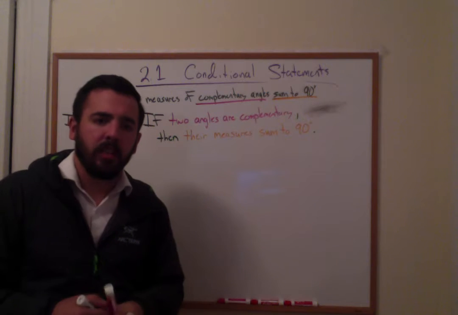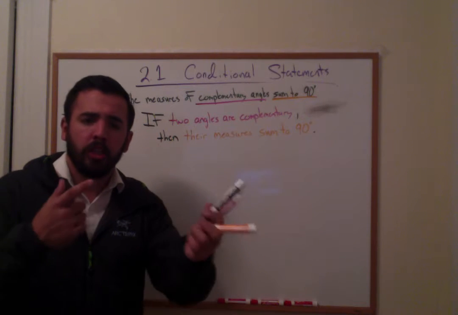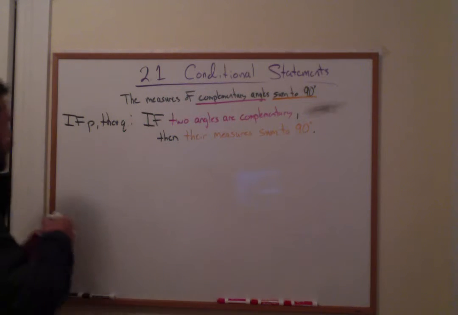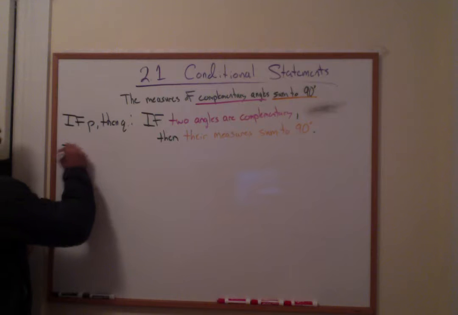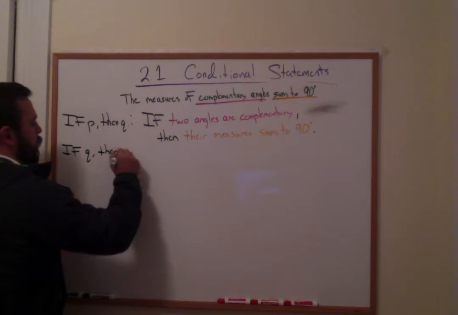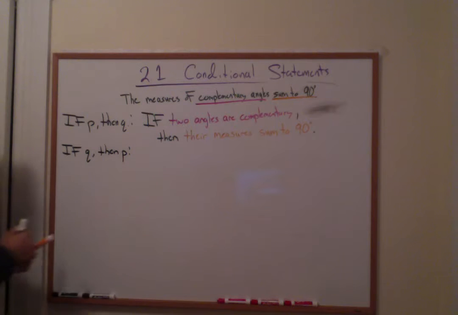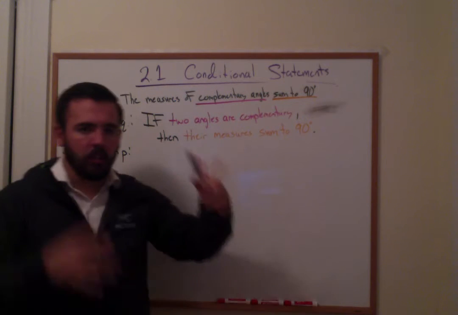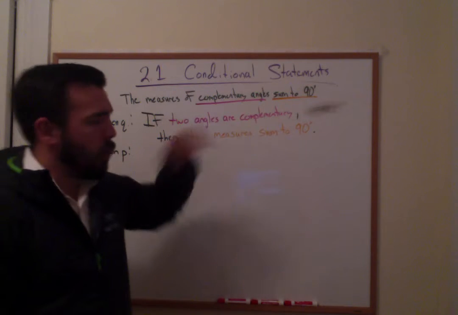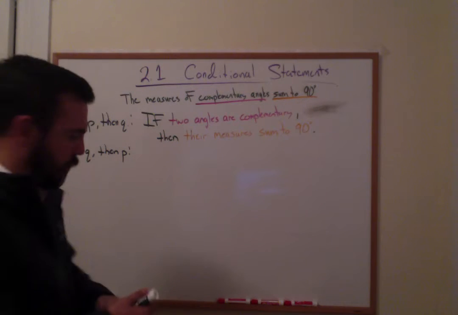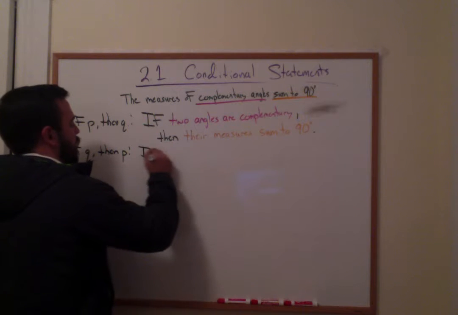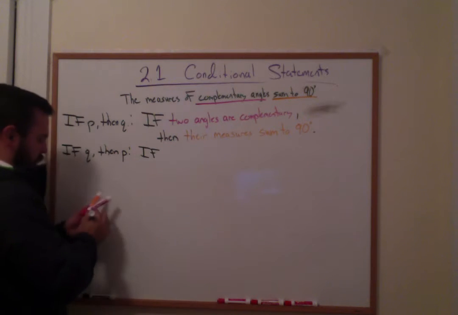The converse of a conditional statement just switches that hypothesis and conclusion. So now it'll be if Q, then P. And I'll keep the colors the same. So pink will go with complementary, orange will stick with 90 degrees. So now we're going to switch these two.